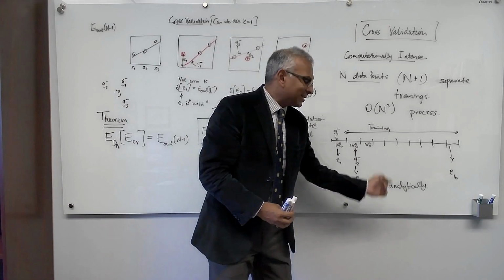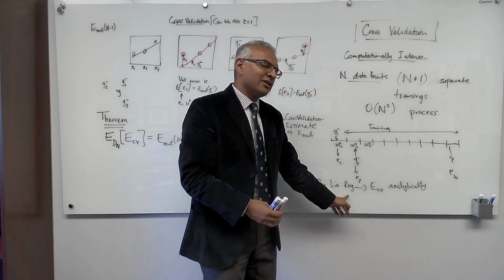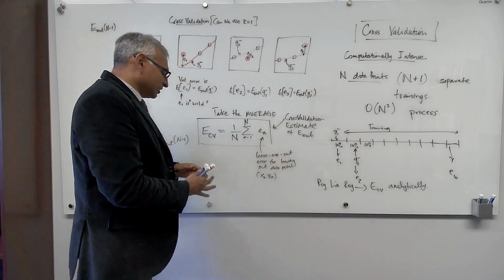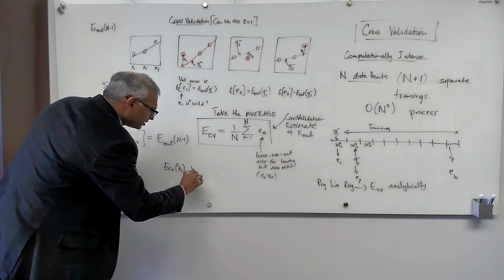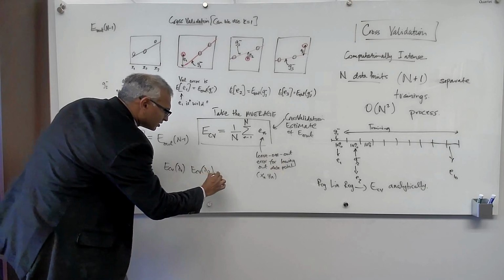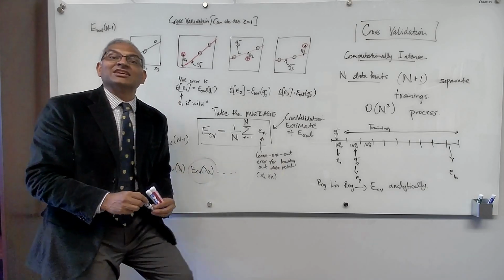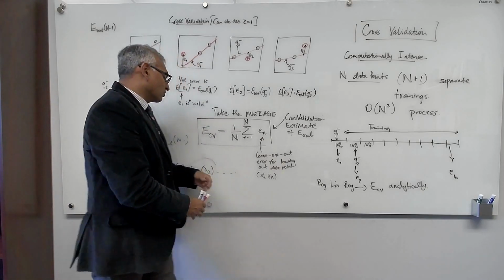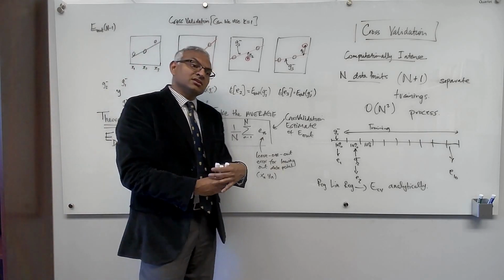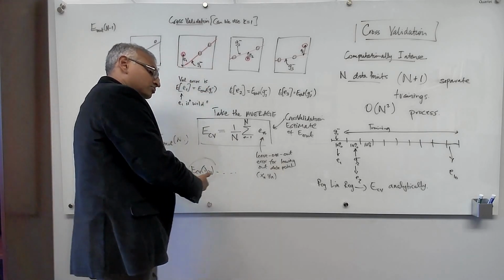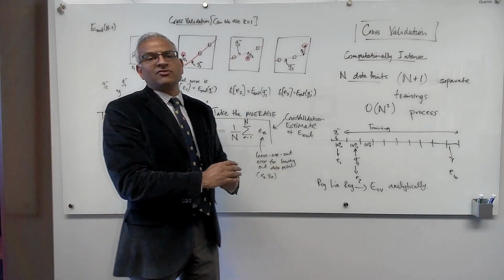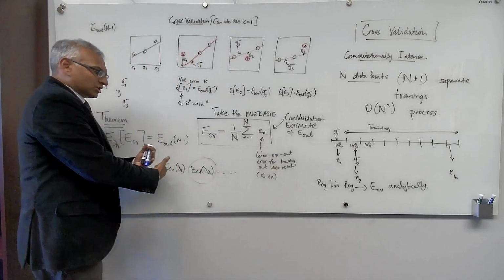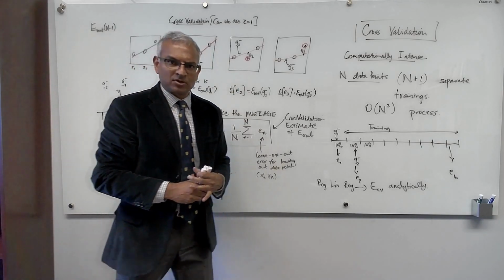What that allows you to do is compute ECV of lambda 1, ECV of lambda 2, and so on, and then pick the best lambda efficiently for linear regression. One thing to do for classification is to use regression for classification and pick lambda in that setup, using the analytic formula. So go and look at that.